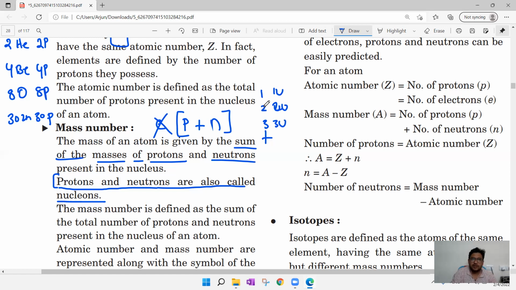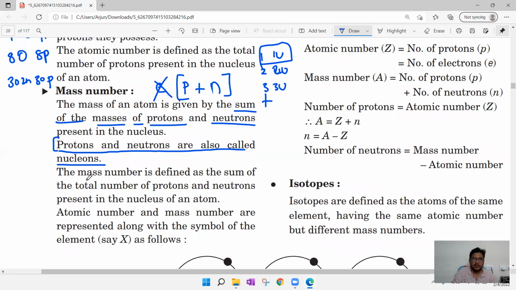So mass and count are the same. The mass number is defined as the sum of the total number of protons and neutrons present in the nucleus of an atom. In the nucleus there are protons and neutrons; if we combine them together, we get the mass number.